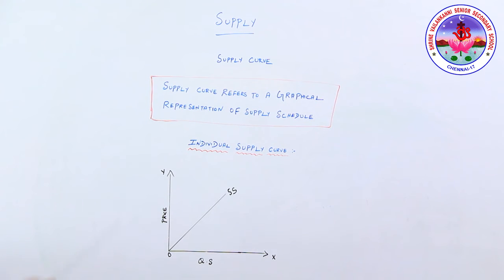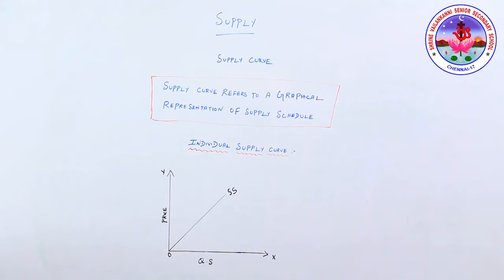Let's see the first one, what is the individual supply curve? Individual supply curve refers to a graphical representation of individual supply schedule. In this diagram, the x-axis denotes quantity supplied and the y-axis denotes price. Now see, price and quantity supplied are directly related.